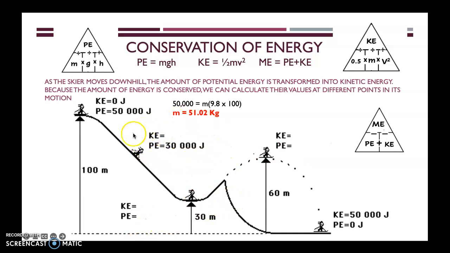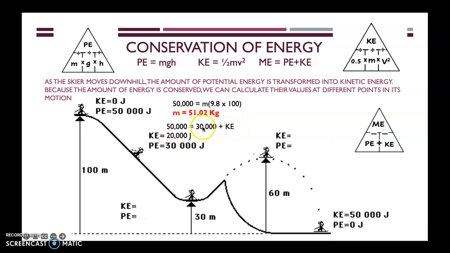This one right here is probably the easiest one to solve. If I want to find the kinetic energy of my skier at this point, I don't know the height, but I'm given that the potential energy is 30,000. Since I know that the mechanical energy is my potential energy plus my kinetic, and the total amount of energy is 50,000, then 50,000 is going to equal 30,000 plus whatever the amount of kinetic is.